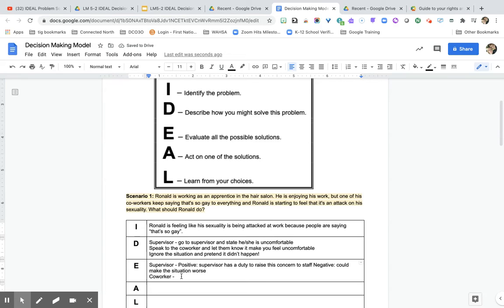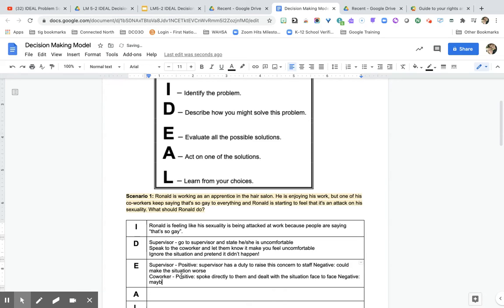Okay, so another thing that you could do, like we mentioned before, was speaking to the coworker. So the positive about speaking with a coworker is you spoke directly to them and dealt with the situation face to face. The negative is maybe the coworker will keep harassing or make fun of you.